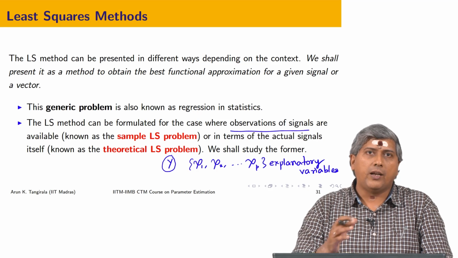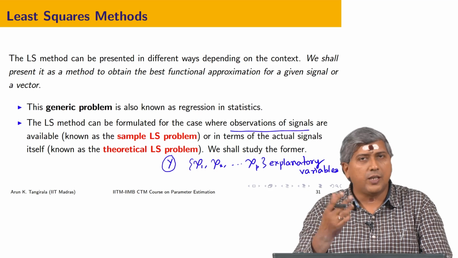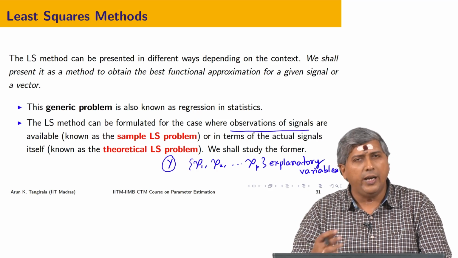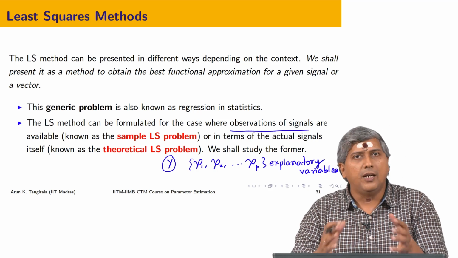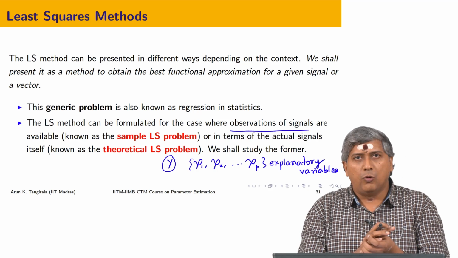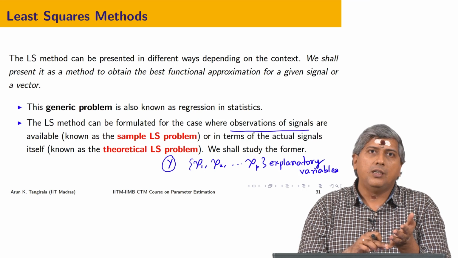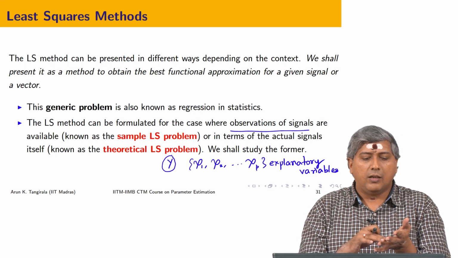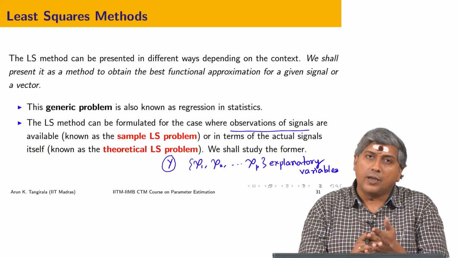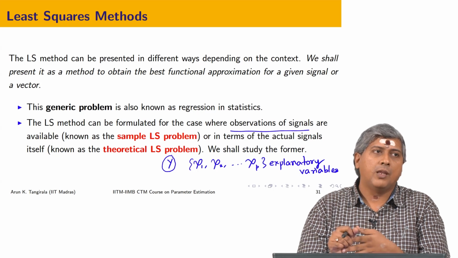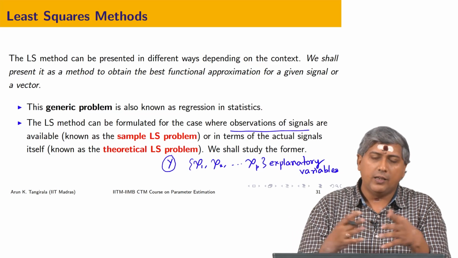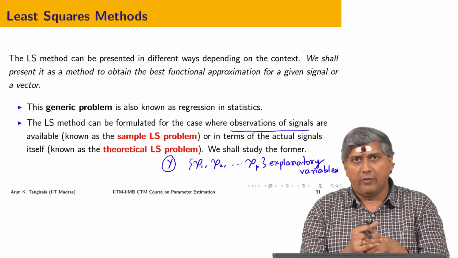So, you can explain relative humidity using temperature, in which case you have only one explanatory variable, or height and weight, or you can say income of a certain age group. The income depends on, of course, the age, maybe the stock price of the company for which the person is working, the number of people working in the company, and a few other explanatory variables.